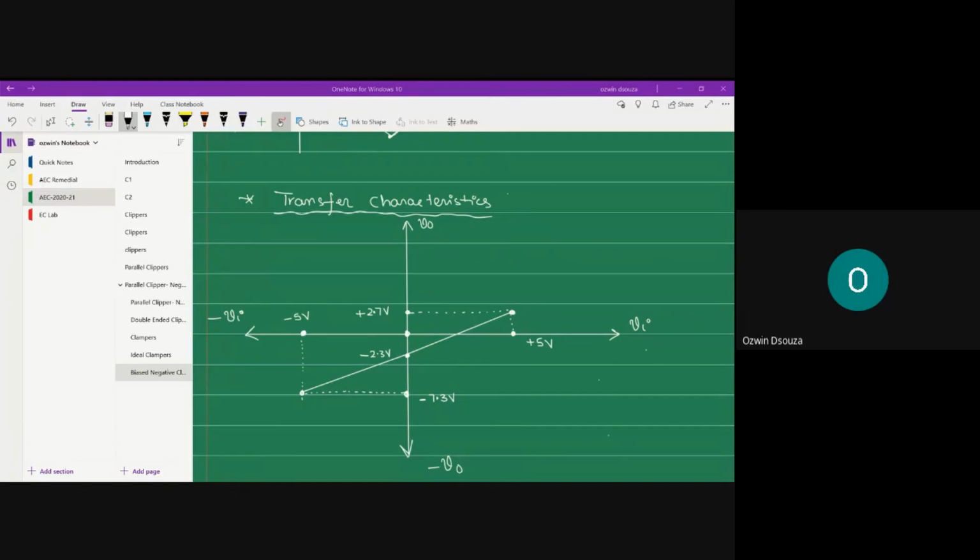Your answers can be separated with a comma. Let's say 5 volt, comma, 5 volt, something like that. The first one is for the input peak-to-peak, and the second one is for the output peak-to-peak. Can you quickly type the answer? What will be the peak-to-peak value?